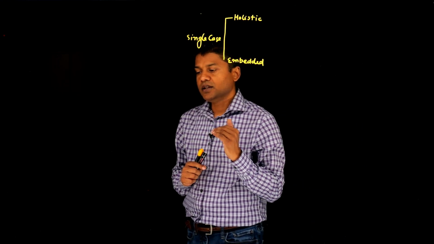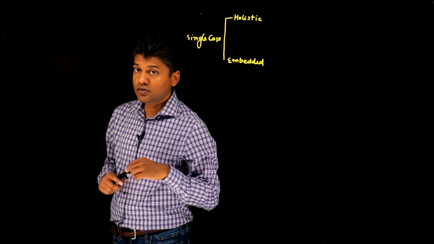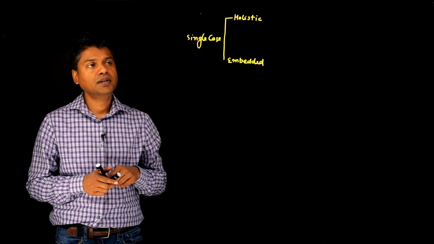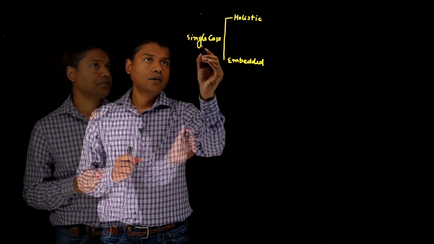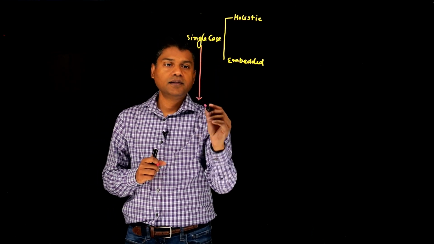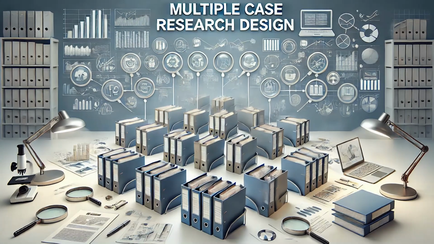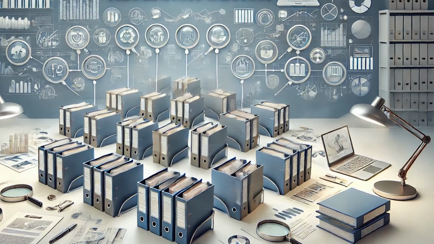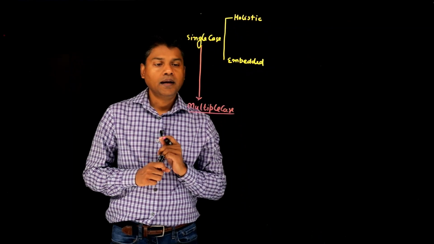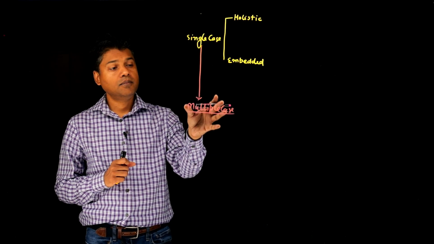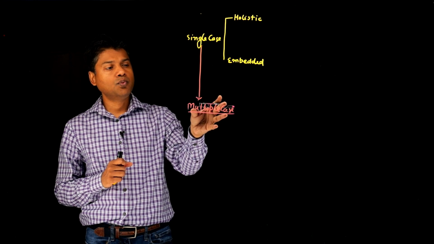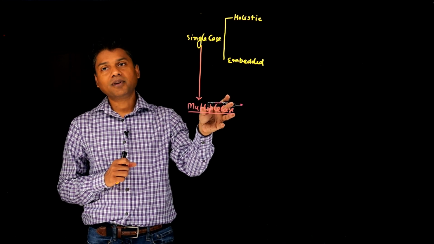Now, let's learn another research design, which is also very common in research. So with single case, now we can move to multiple case research design. And in multiple case research design, as the word itself says, multiple cases.